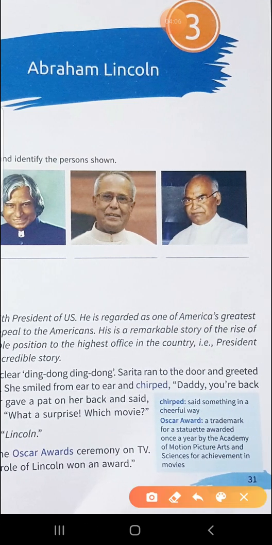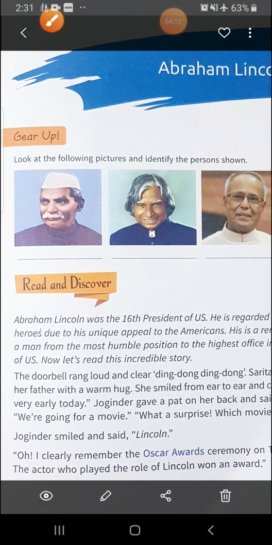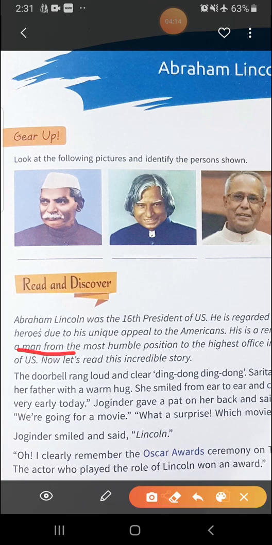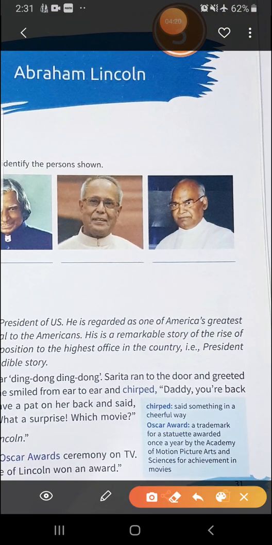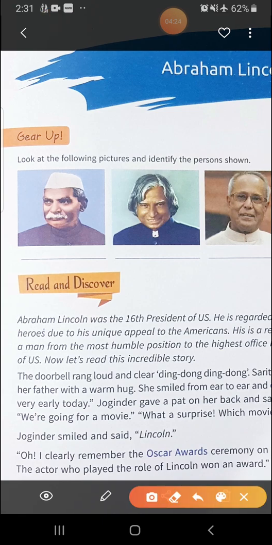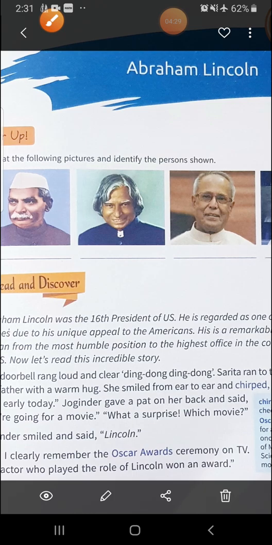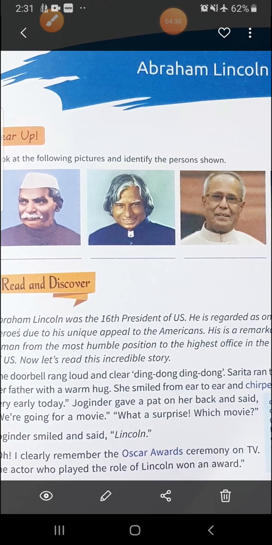Now see here, I am reading. His is a remarkable story of the rise of a man from the most humble position to the highest office in the country, that is President of US. His life is a remarkable story.